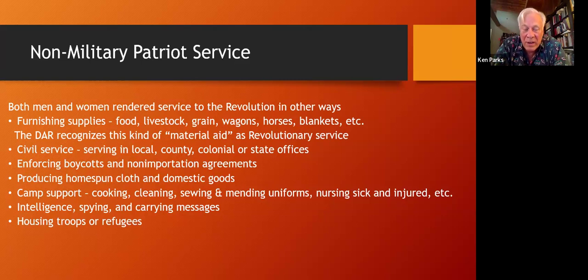But others were there to do cooking and cleaning, sewing and mending uniforms, and of course, nursing the sick and injured, helping herd livestock, things like that, that could free up men for more direct military service.